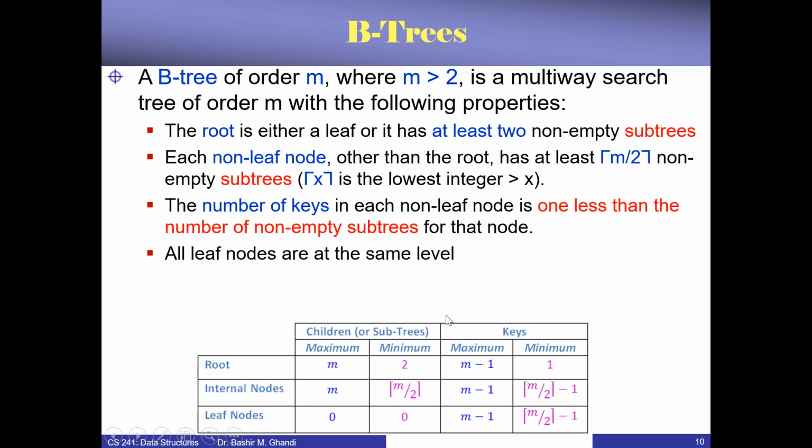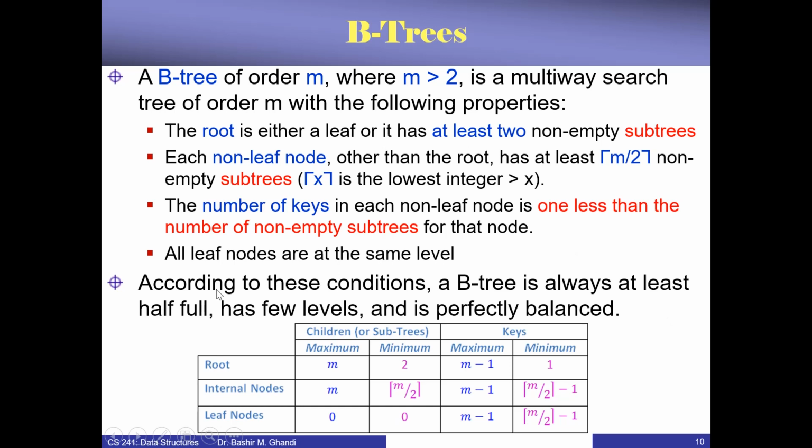So this is the criteria that our B tree will satisfy, and with this you will see that it's going to be balanced. So according to these conditions, a B tree is always at least half full. It has few levels and it is perfectly balanced. Okay, let's see an example in the next slide.